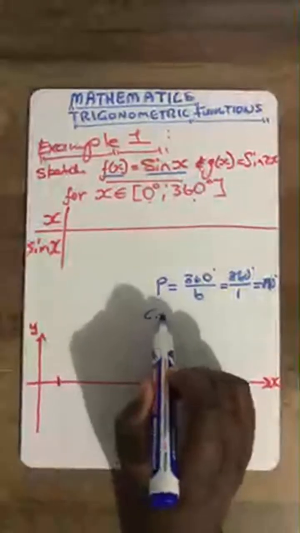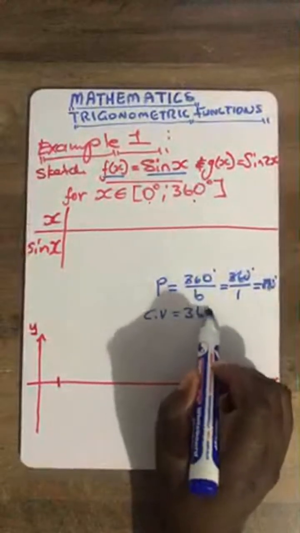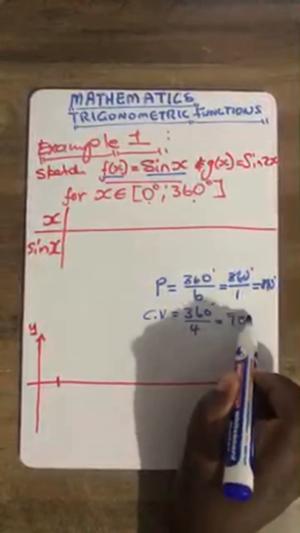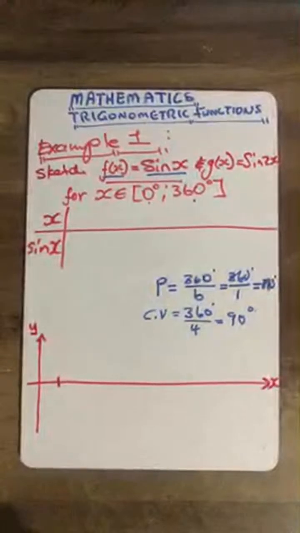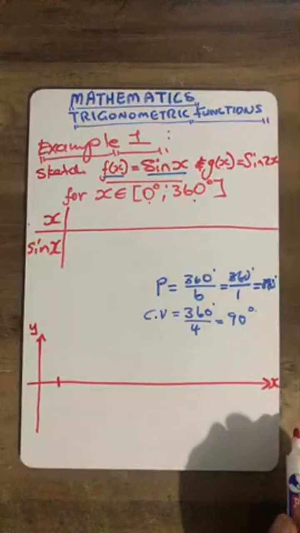Now when it comes to the critical values, you're going to say your period, which is 360 degrees, and all that you do is divide it by 4, and then it gives you 90 degrees. So that means when you plot this function, you are going to space at intervals of 90.